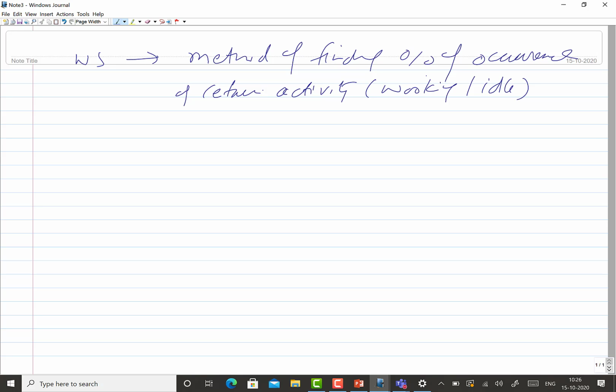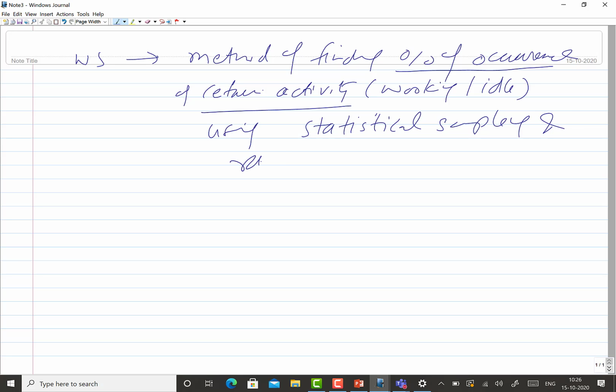So primarily this is the method of finding the percentage of occurrence of certain activity, whether the system is working or it is idle, using the principle of statistical observations, statistical sampling and random observations.